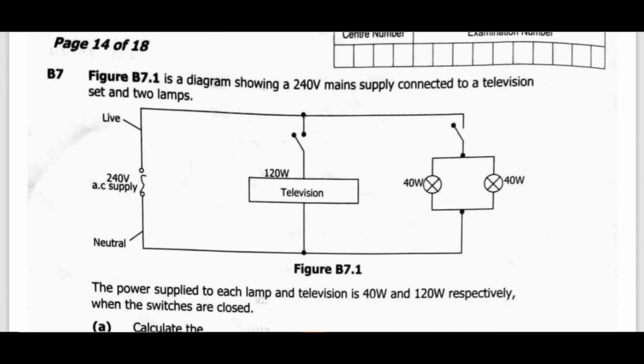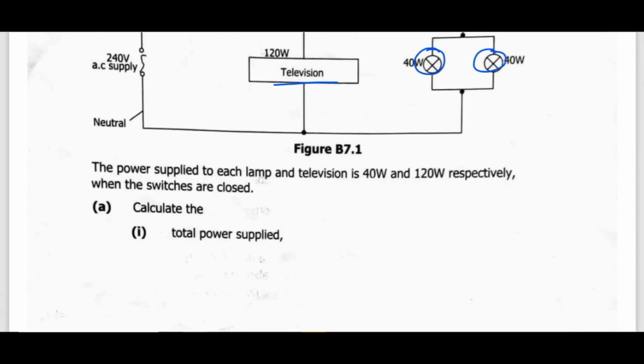So we can move on. The diagram shows a 240 volts mains supply connected to a television set and 2 lamps. This is the television set, and these are the lamps. First, calculate the total power supply.